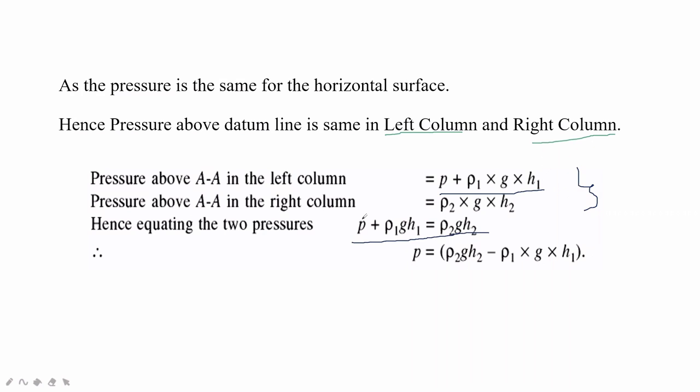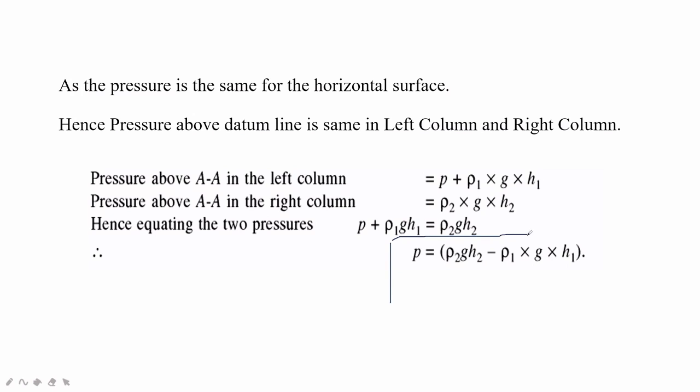What we want is the pressure in the system. So keep P on one side: rho 2 G H2 minus rho 1 G H1, sending this to that side. Whenever a question on the U-tube manometer asks for the gauge pressure, you should remember this formula.